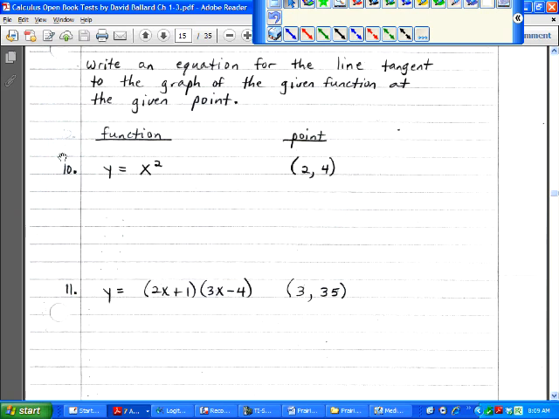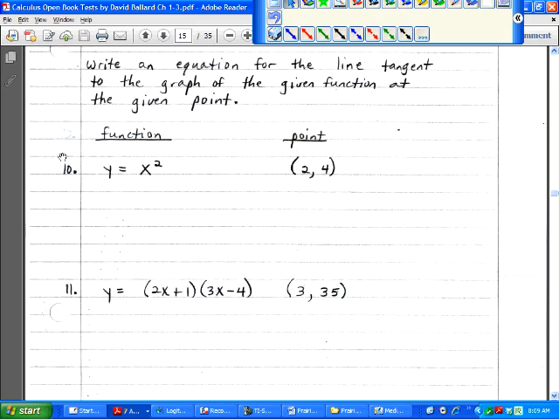The next section says find an equation for the line tangent to the graph of the function at the given point. Now, remember that the derivative gives us what? The equation for the slope at a point. So, to find the equation of the tangent line, we need to find the slope of the tangent line.